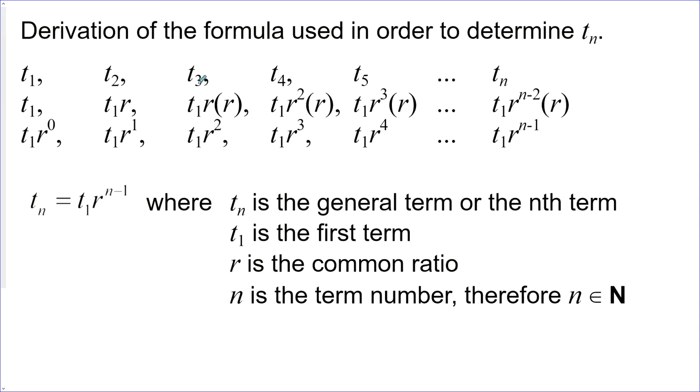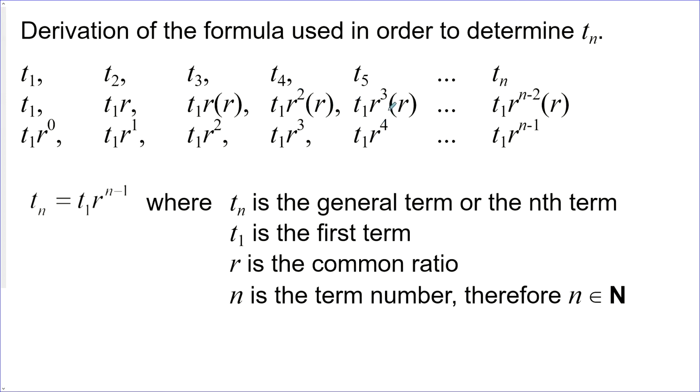And then T3 can be written as T2 times R again, or T2 can be written like this. So it's T1 times R times R. This one, T1 times R squared times R again. This right here is T3 times R again to get to T4.